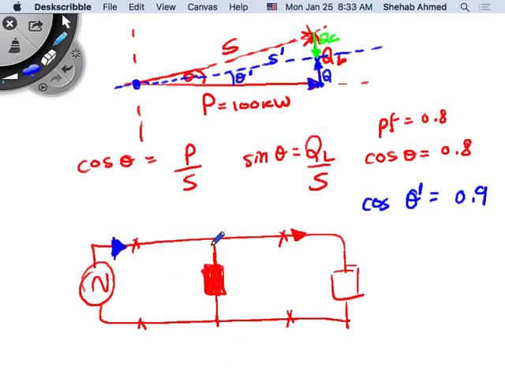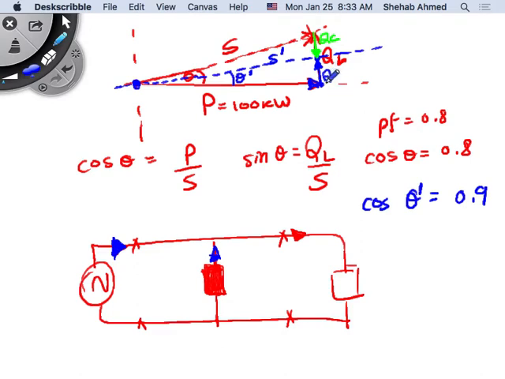The generator now has to provide a different value of current, right? So what's going to happen is the capacitor will provide some reactive power to the load. So instead of the generator providing all the reactive power that the load required, which was the original QL, now the capacitor is providing some QC, and the original load required some QL.